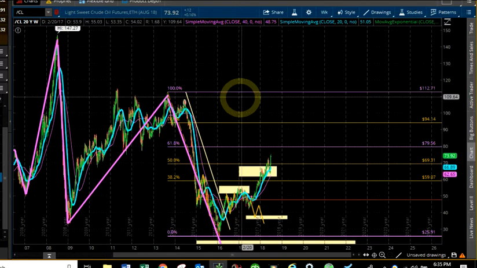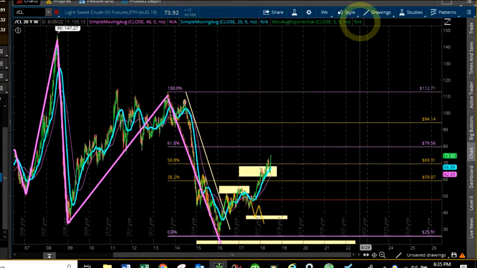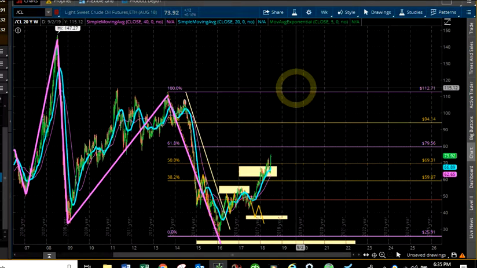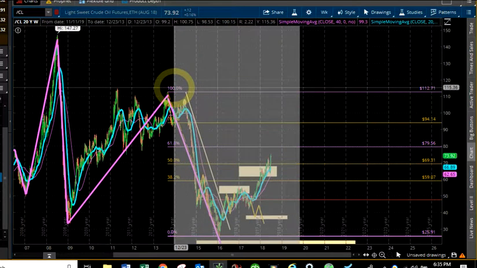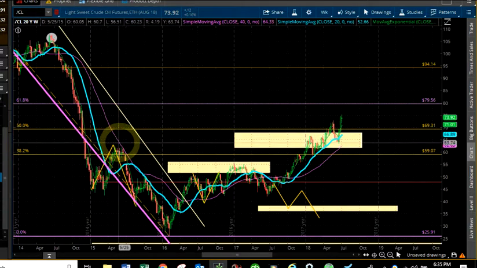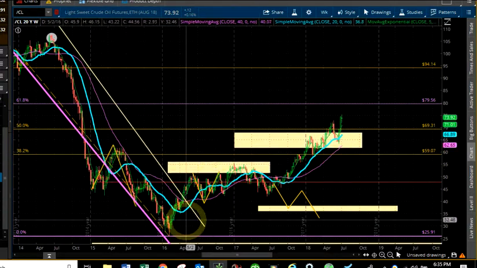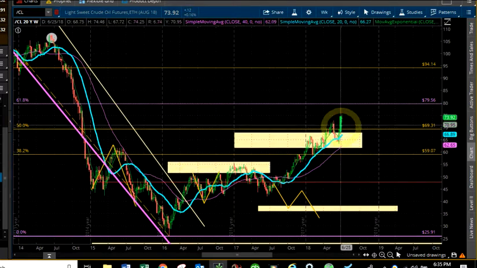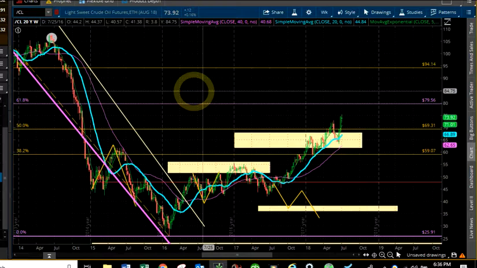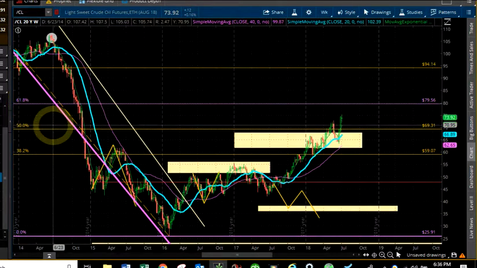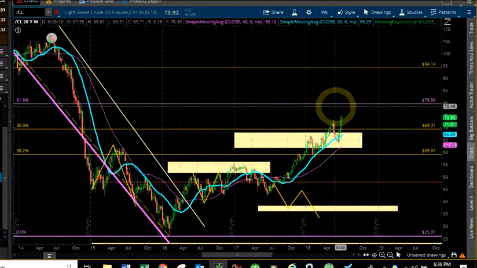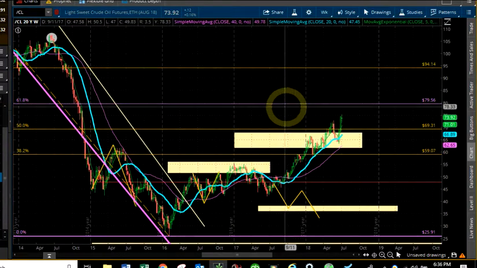Let's look at oil. Oil has been much stronger than I anticipated, and it's trading now above our decision point area. So we don't have a pivot any longer, and I'm not really sure where oil could stop. The 62% retracement is up here around 79, which is a pretty deep retracement.